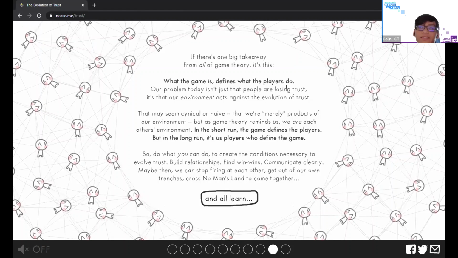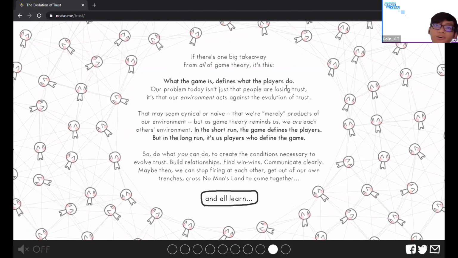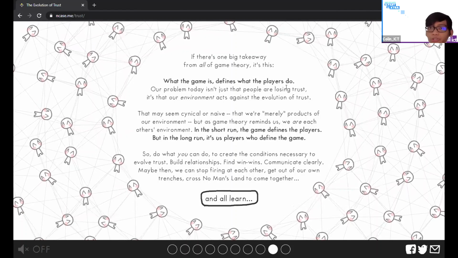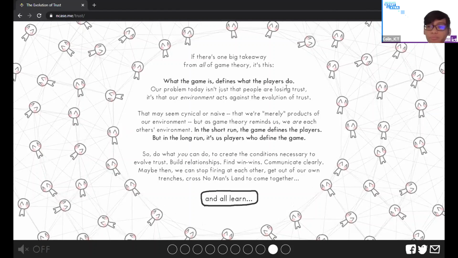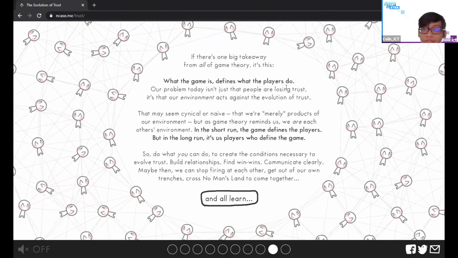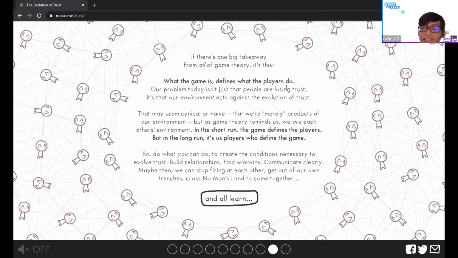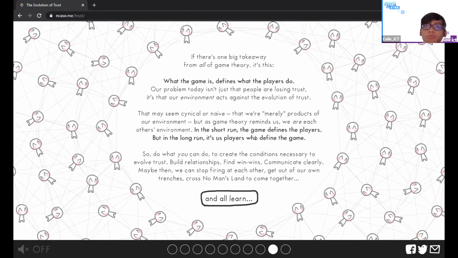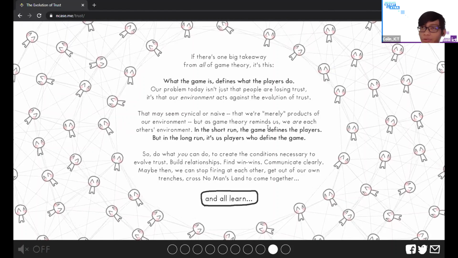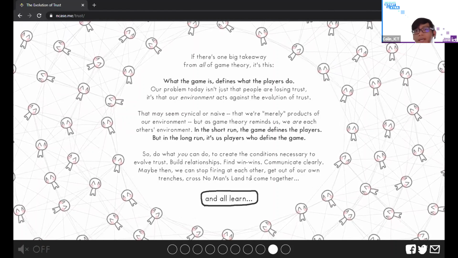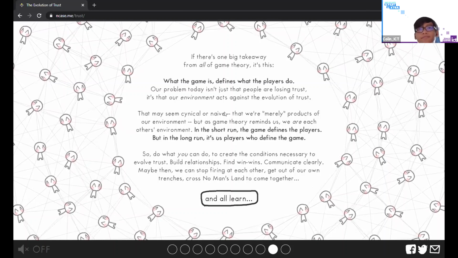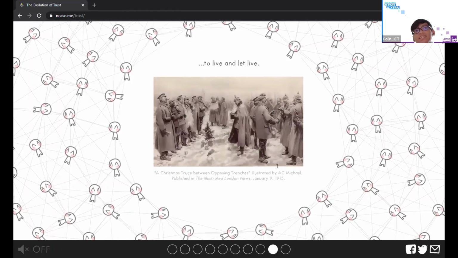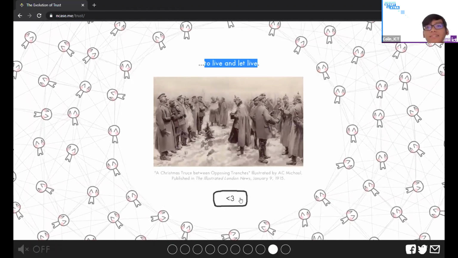In the short run, the game defines the players, but in the long run, it's us who define the game. So that is one thing we should keep in mind. We have to build relationships, trust, find win-win situations, as well as communicate clearly. These are the three things we should bear in mind, in real life as well as in game theory. And that's the code to live and let live. So this sums up what the evolution of trust is.